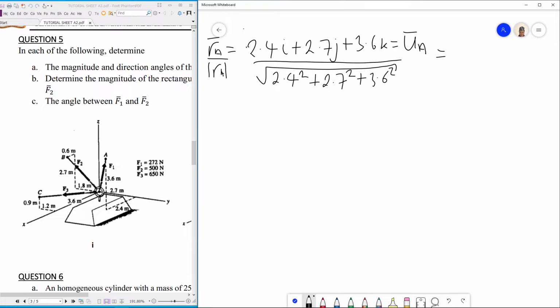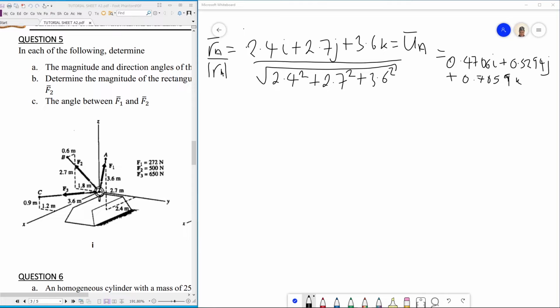And this unit vector, just trying to calculate here, gives us 0.4706 I plus 0.5294 J plus 0.7059 K. Awesome. So that's the unit vector in the direction of A.